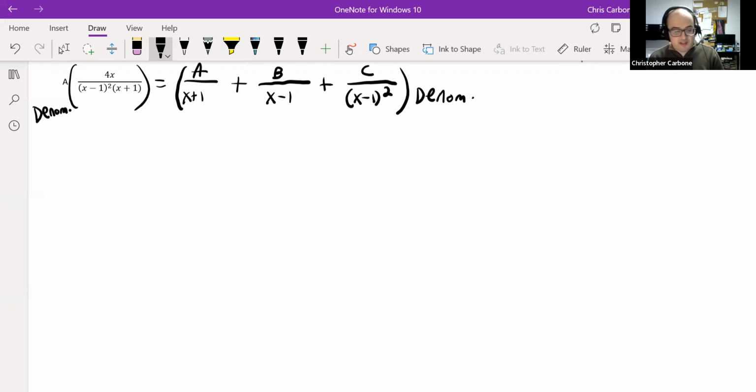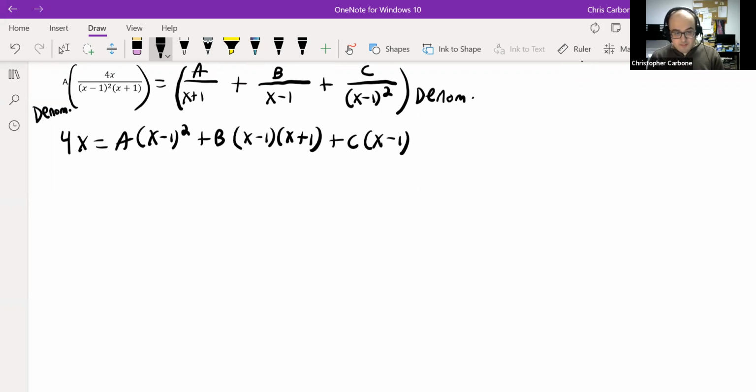So multiplying through by that denominator, the left side just becomes 4x is equal to A times x minus 1 squared plus B times x minus 1 times x plus 1 plus C times x minus 1. All right, so going on here on the right, we get A times x squared minus 2x plus 1 plus B times x squared minus 1 plus C times x minus 1.